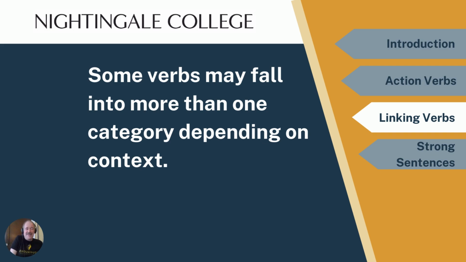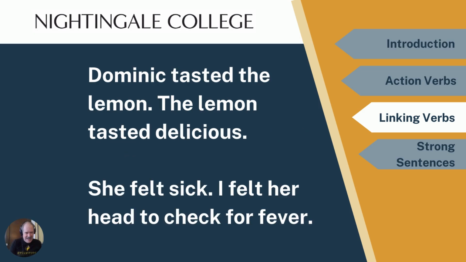Now, we also want to keep an eye out for what's following the verb, because some verbs can be action verbs or linking verbs depending on the context. And that's what I was talking about with those words that refer to the senses. Dominic tasted the lemon. The lemon receives the action of tasted, action verb. The lemon tasted delicious.